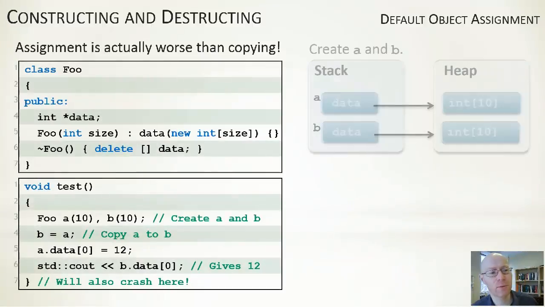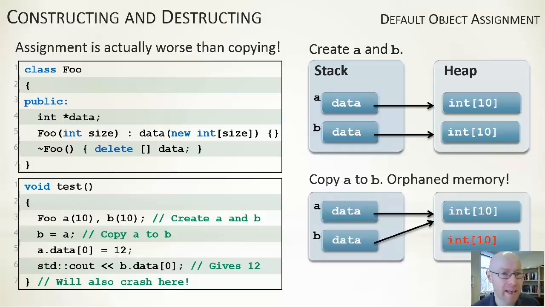If we also have a look at copy assignment, we actually have a slightly worse problem. So again, the Foo class over on the left-hand side is exactly the same class as defined in the previous slide, it hasn't changed. The test at the bottom is now slightly different. So in line 3, we're declaring A and B, two separate instance variables, both of size 10.